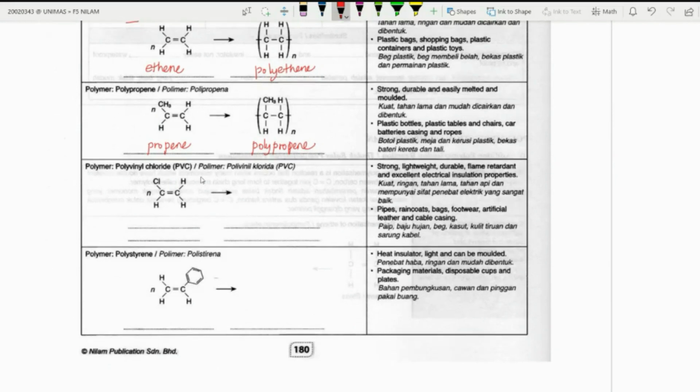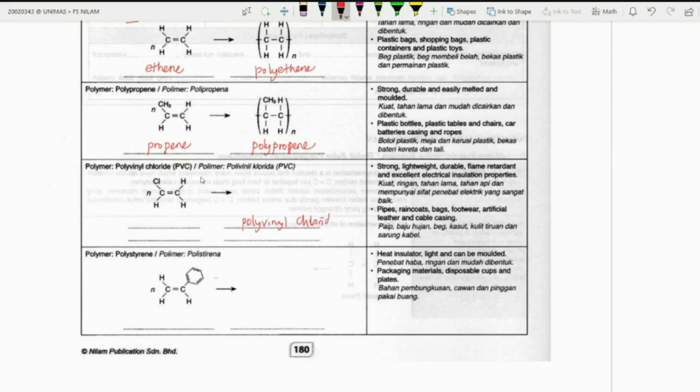Then next, this one. Ellie, what is this? For this, the polymer is polyvinyl chloride.